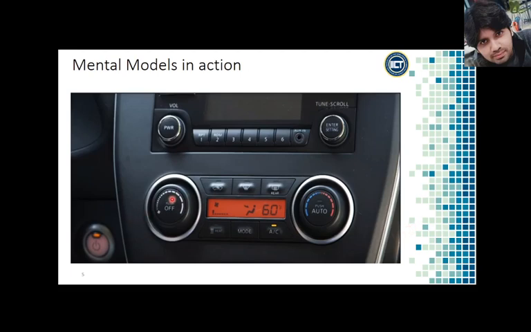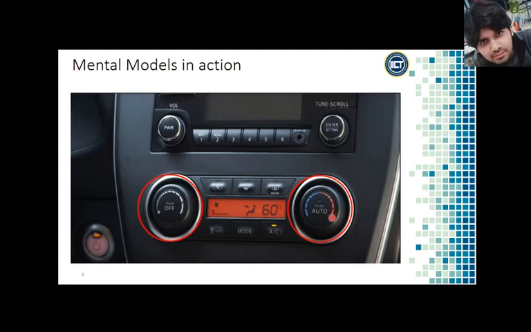You can see here the push button, and this is the AC button, and this is a button which controls the air inside your car. Now if I push this button and turn this to the blue side, then my car gets cooler.